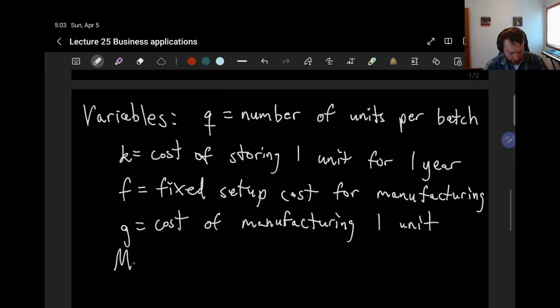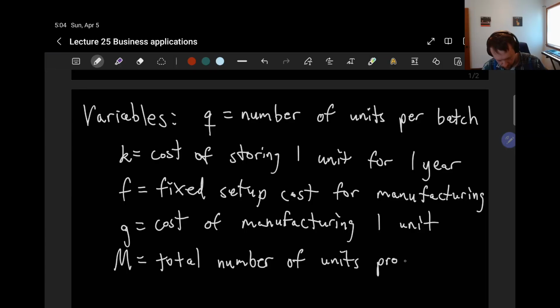And our last letter here, capital M. Remember we said that there was a fixed number of units that we produce annually. So M will be this total number. So this would be like the number of cases that we produce in a year.